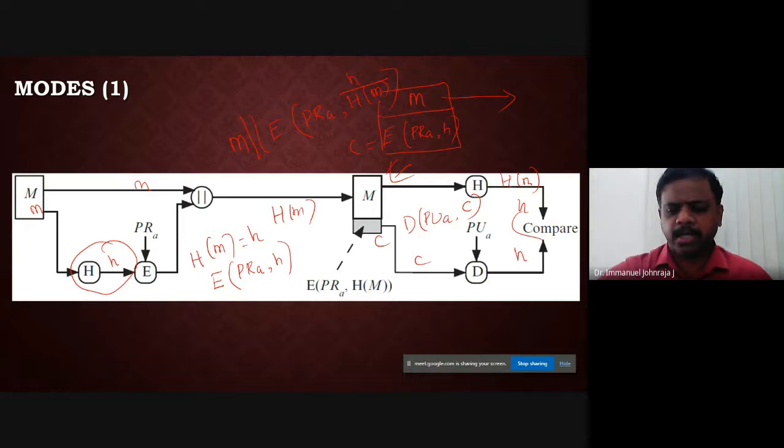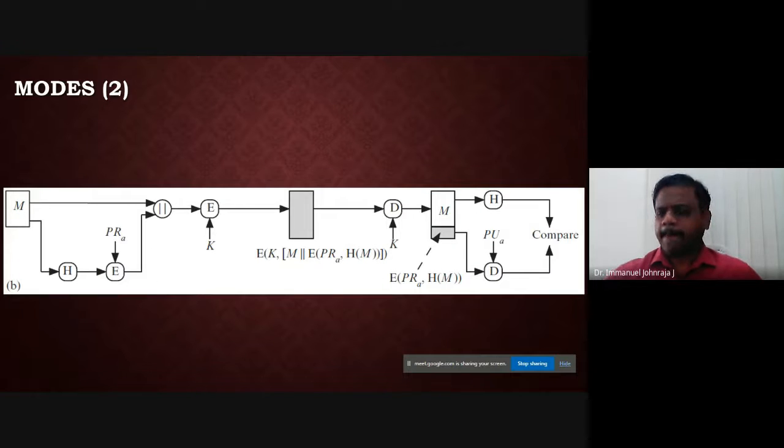modes. Let's look at another mode. Here it also provides the confidentiality. So nothing very difficult here to understand, but anyway, for completion's sake, I'll explain to you. You got the original message, same as the previous one. You got the hash, h of m, which is the hash of the original message.